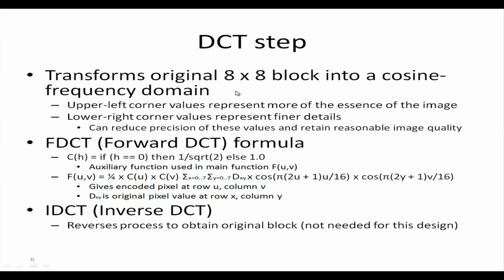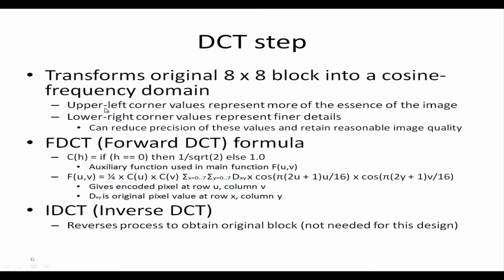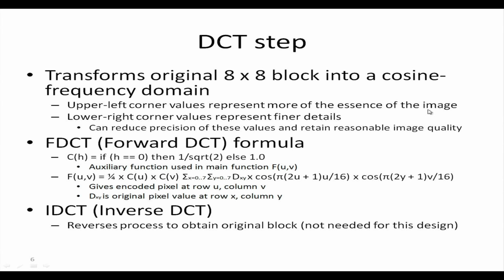I have selected one 8 by 8 block and I am trying to transform that to the cosine frequency domain, cos omega t type of domain. As I do that, the beauty of this is that the upper left corners will represent more essence of the image, and the lower right corners will represent the finer details. So, what is happening actually?